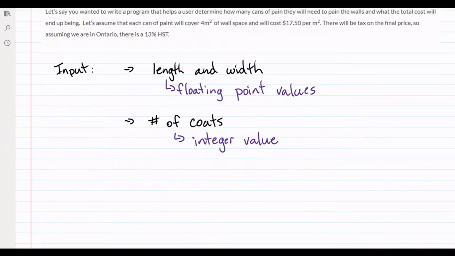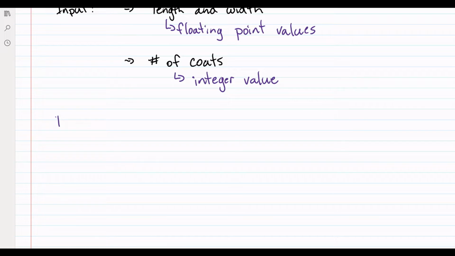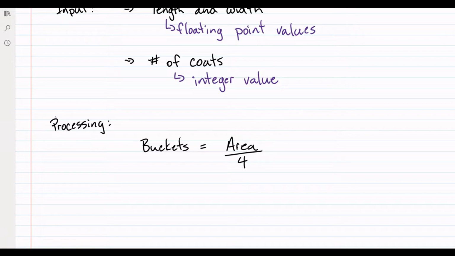So the number of cans would equal the area divided by 4 meters squared, because every can covers 4 meters squared.